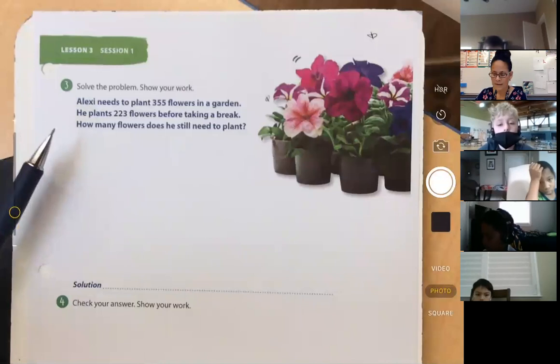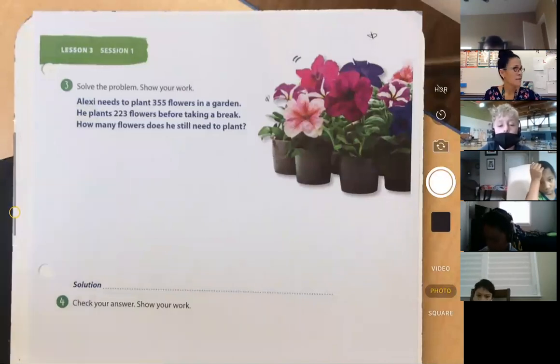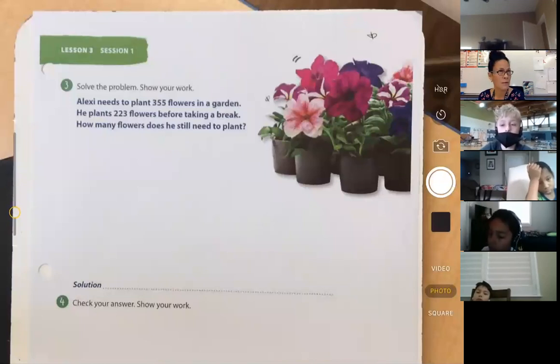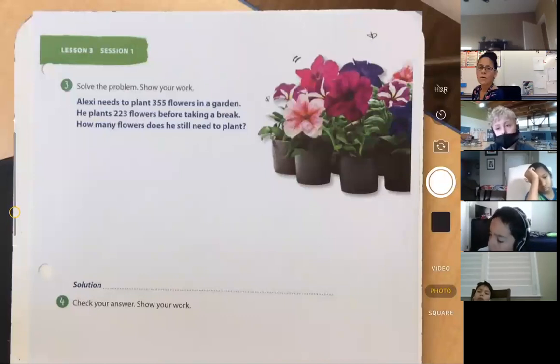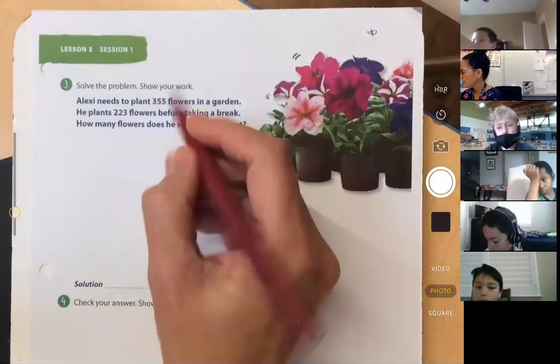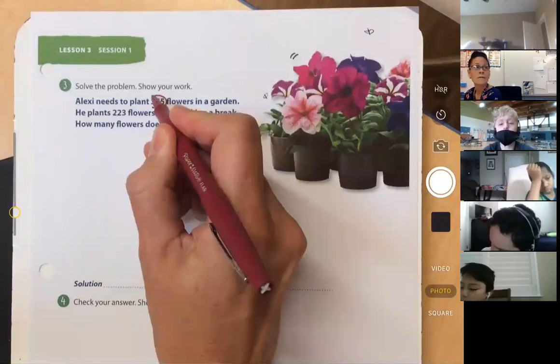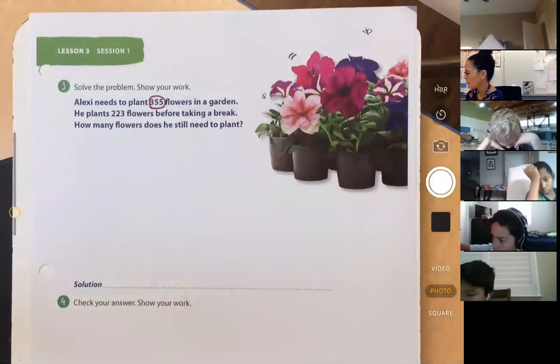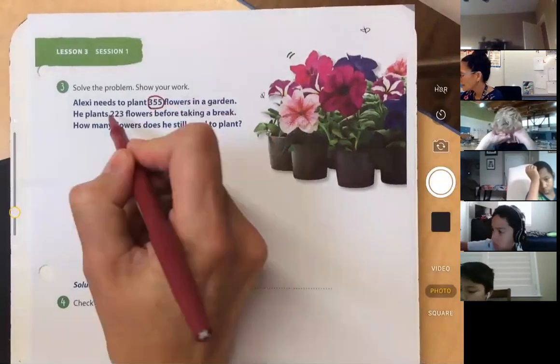All right, so going back to our close read strategies, friends, something we should always do before we attempt to solve a problem. Again, we need to understand what the problem is asking before we attempt the math, okay? So I'm showing here in this problem 355, that's an important number. 223, that's an important number.